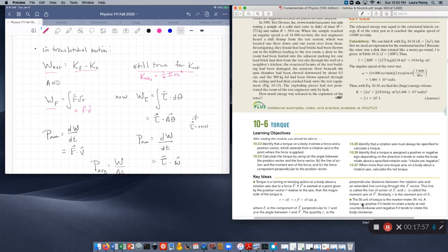Now the torque does work, where it's the torque dotted with the angular displacement. And again, if the torque is constant, we end up with torque times the change in angular position, or the angular displacement. Very similar to what we had before: work done by a force was force times displacement, and now the work done by a torque is torque times angular displacement.